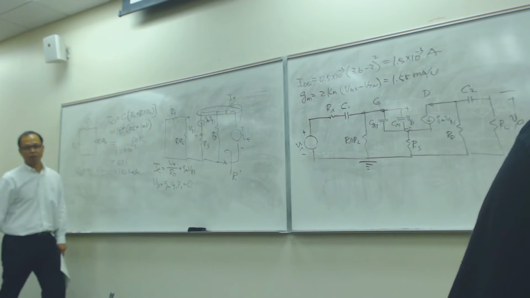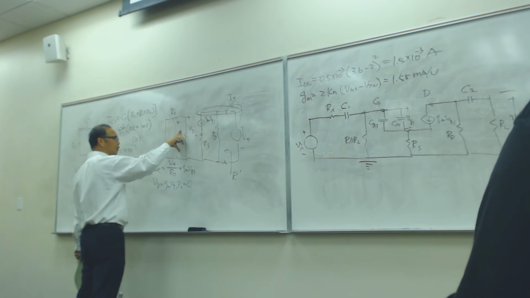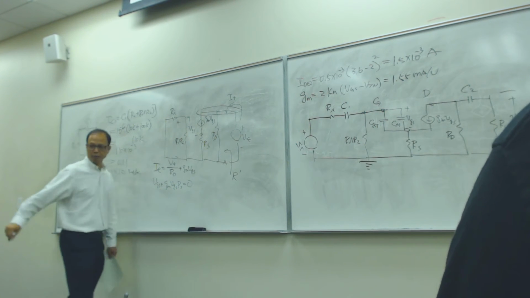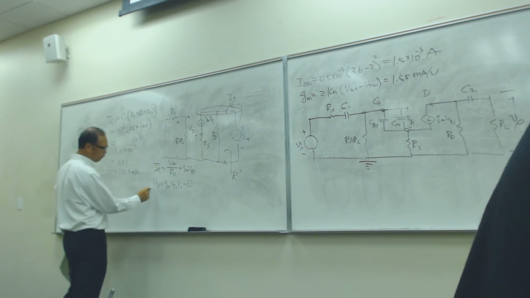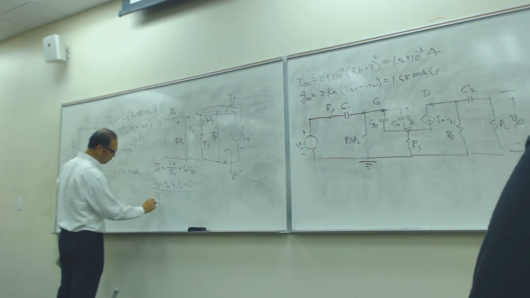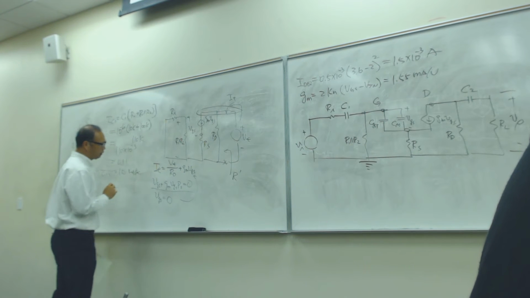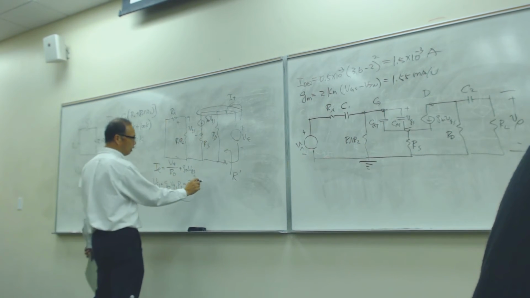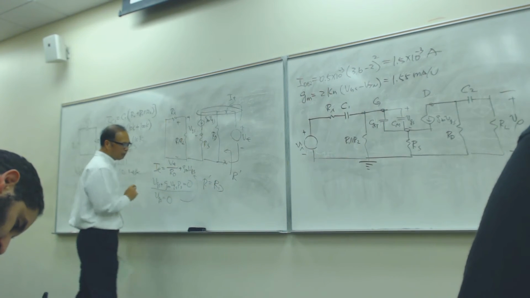Because there's no current, for this to be true, the only solution is VGS must be 0. So you put it here, you can see that your R prime is simply R sub B, right?